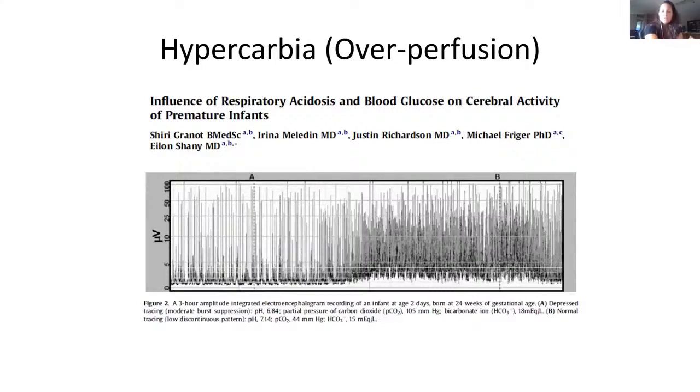And so we could almost imagine the brain basically shutting down here, and then an improvement once we correct the blood gas. So just again, remembering that the function of the brain is so dependent on these metabolic factors that when we look at aEEG, there's maybe more under the surface than just the pattern itself, thinking about all these influences that really exist.